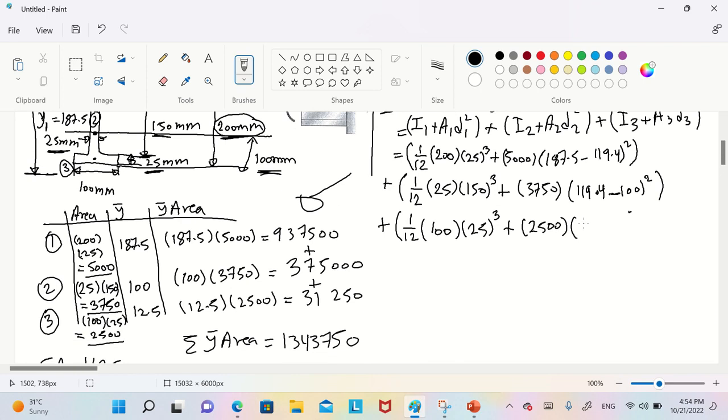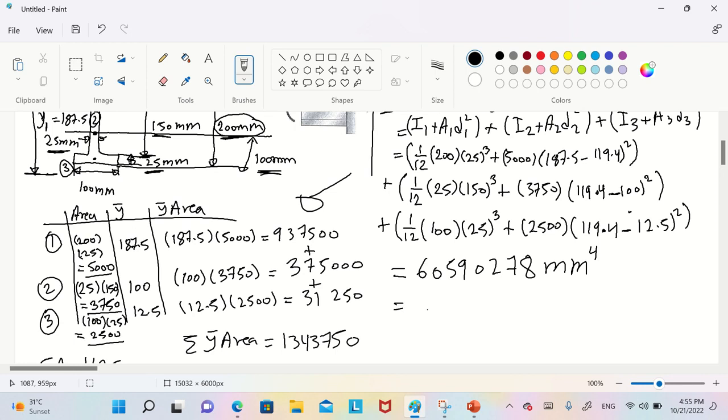Now you can say 119.4 minus 12.5 square. So you will get 6059027.8 millimeter power 4.